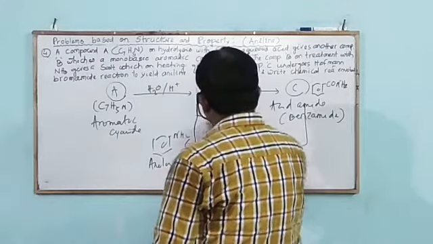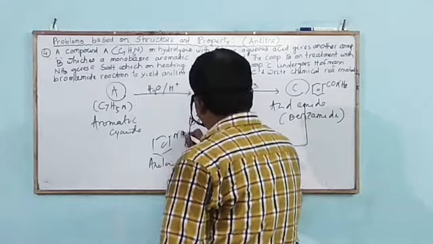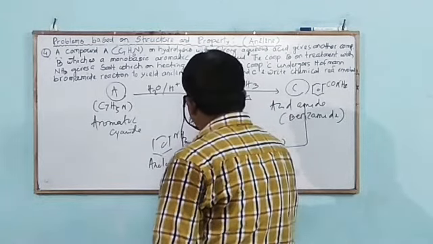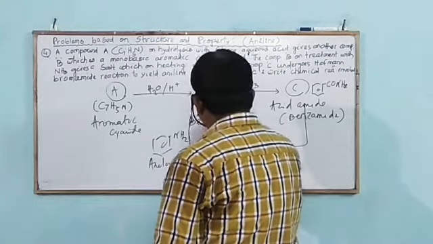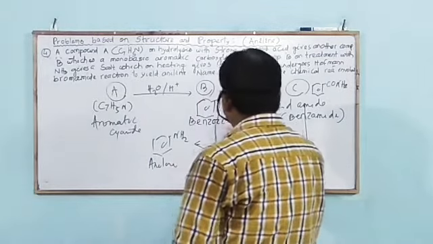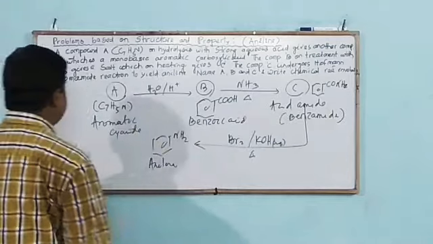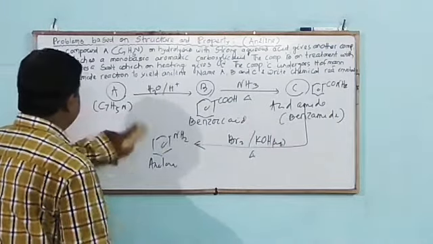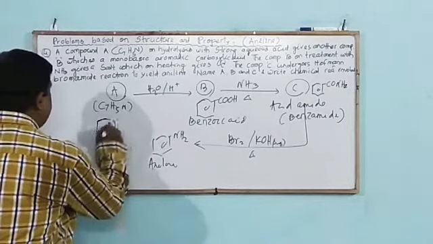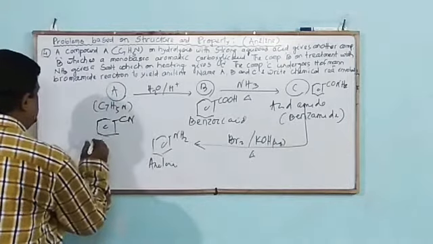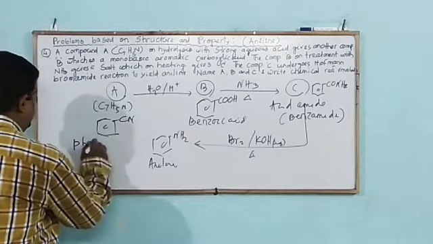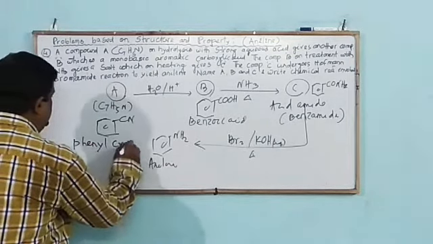Which compound upon hydrolysis forms benzoic acid? That means A is phenyl cyanide, C6H5CN.